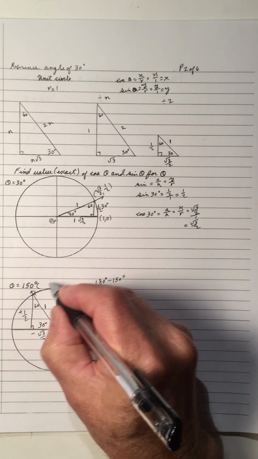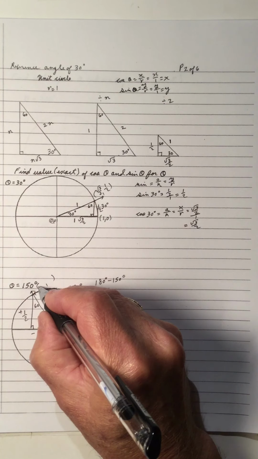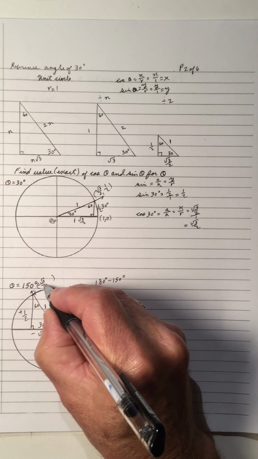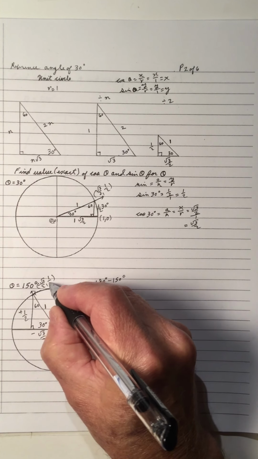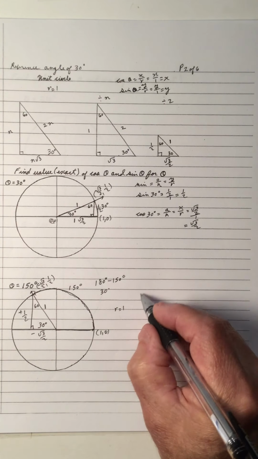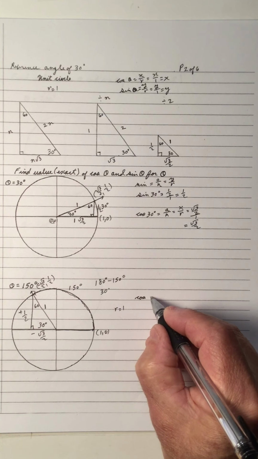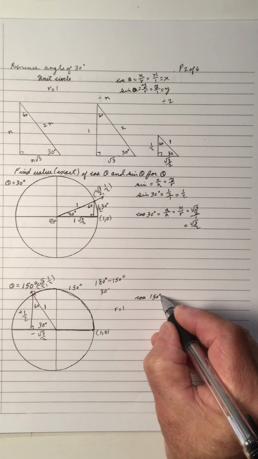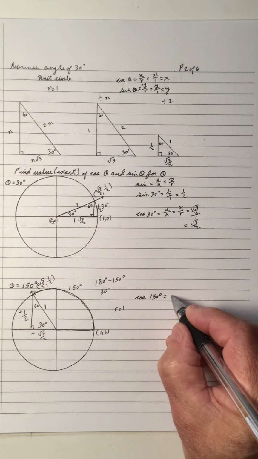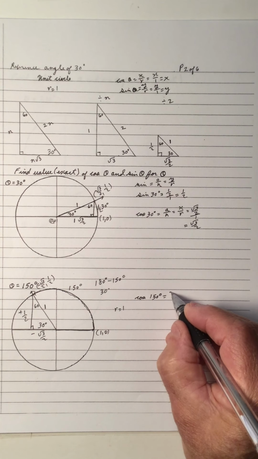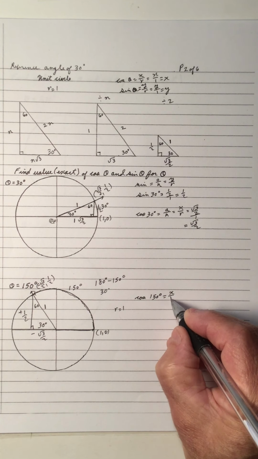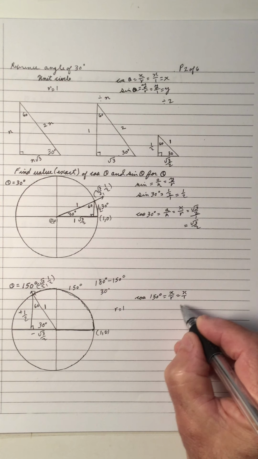And right here, the coordinates of this point: x is negative root 3 over 2, and y is a half. So the cos of 150 is the x over the r, remember, but it's the x over 1.